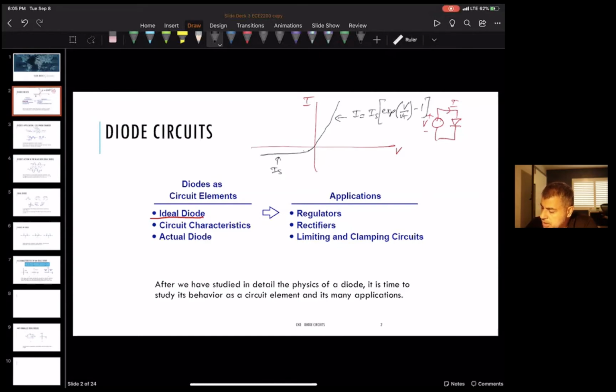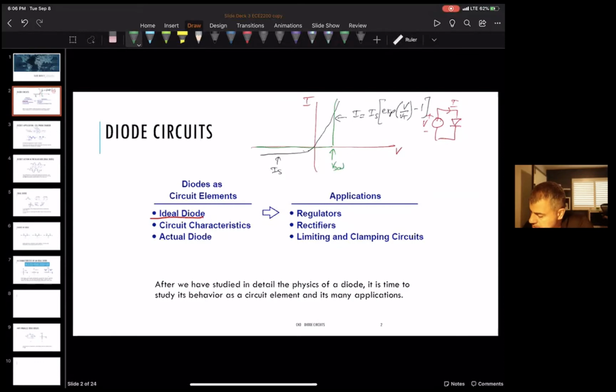We said that's the actual equation for a diode, but to simplify it, let's pick a different color, green. We can do something like this, a simplified model that turns on at a certain point.